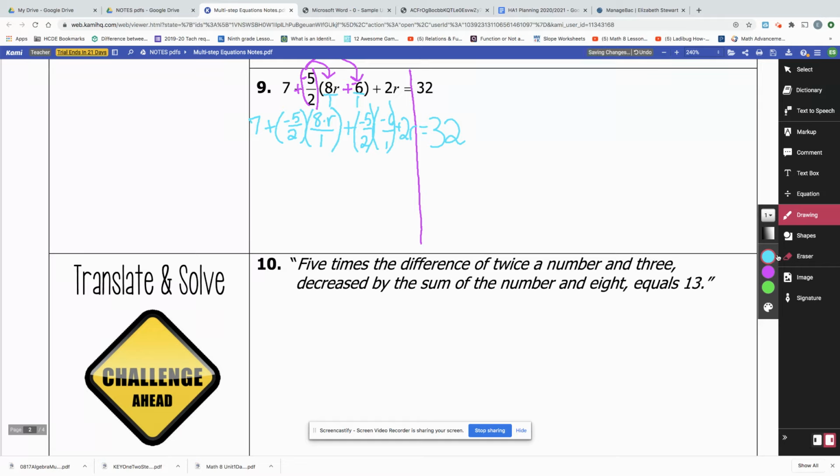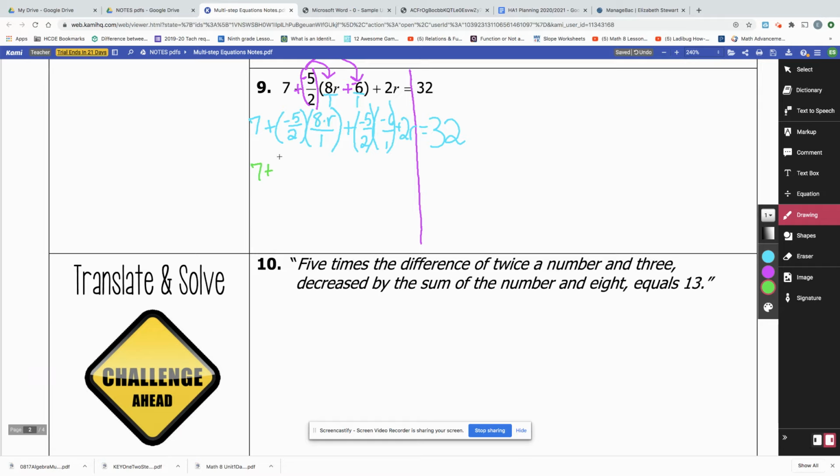So let's start tidying this up. 7 plus. Now, there are different ways to do this. Your parents or a sibling might show you a different way than what I'm showing you. It's all good and all fine as long as we get the same answer. I'm just going to go ahead and multiply straight across and then simplify by dividing by my denominator.